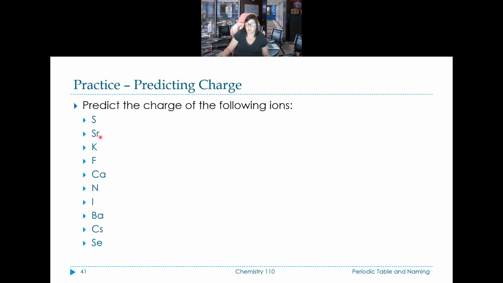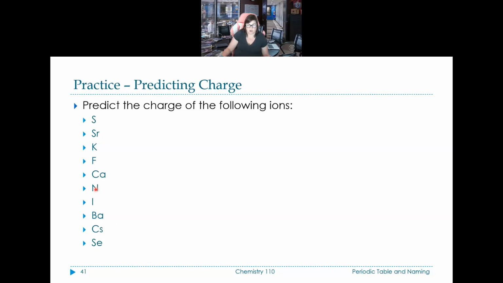K, being an alkali metal, is going to lose 1 electron to be K+. F, being a halogen, is going to gain 1 electron to be like the nearest noble gas, so it's F-. Calcium, we talked about this, he's an alkaline earth metal. He loses 2 electrons to be like the nearest noble gas, and so he's going to be Ca2+.